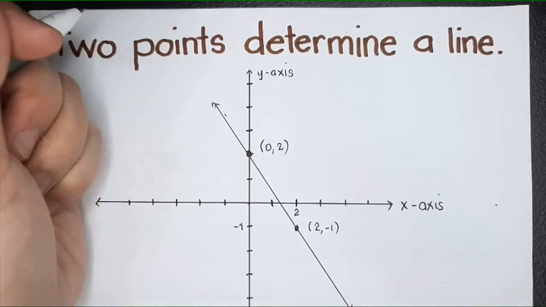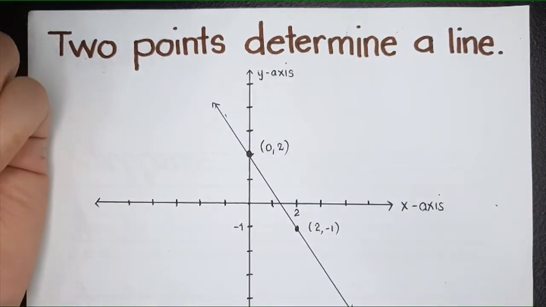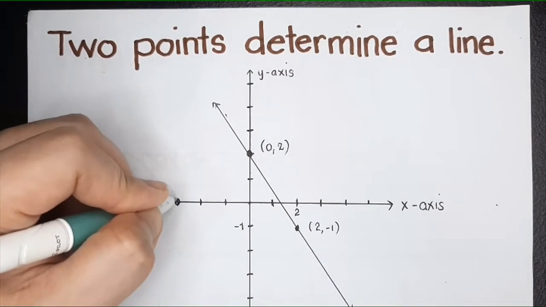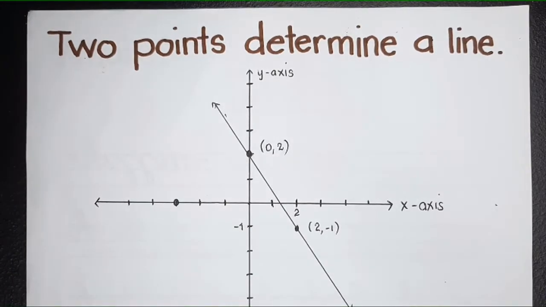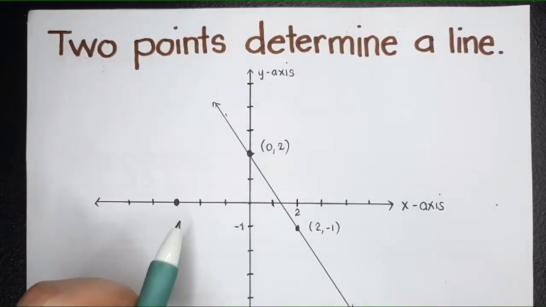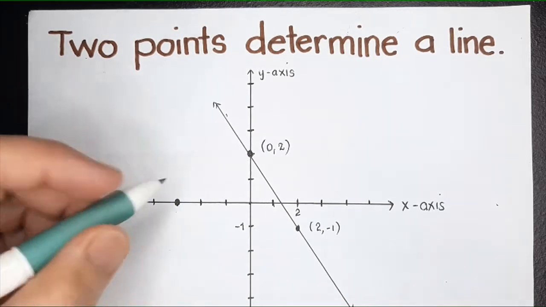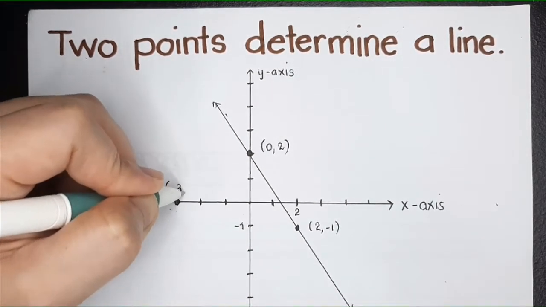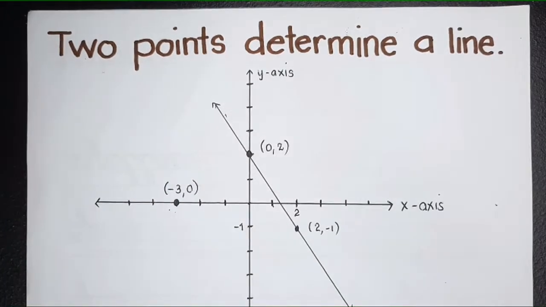Isa pang example. Let's get another set of points. Kunwari, this point. Sige nga. What are the coordinates of this point? It is negative 3, 0. Right? Let's get another point. Saan nyo gusto? Kunyari, dito.